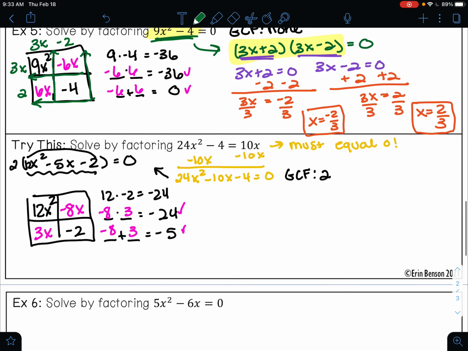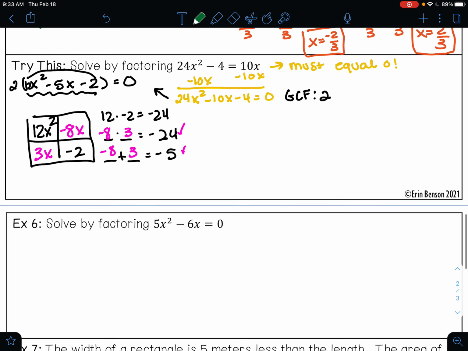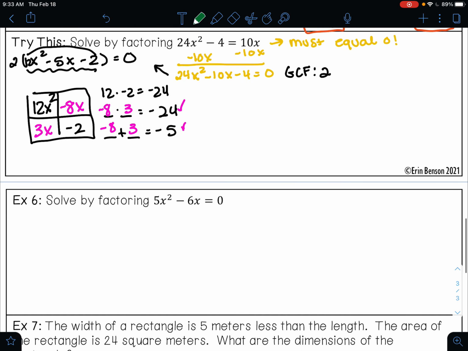Now I'm looking for the greatest common factor between each row and each column. The greatest common factor of this top row is 4x. The greatest common factor between 3x and negative 2 is 1. The greatest common factor between 12x squared and 3x is 3x.